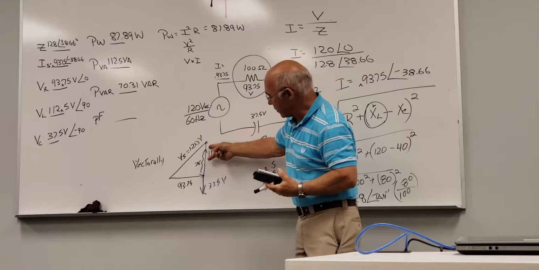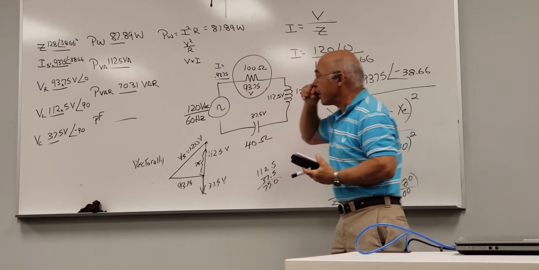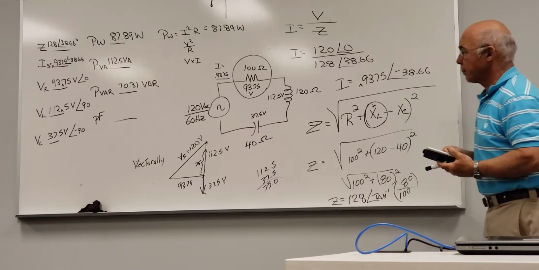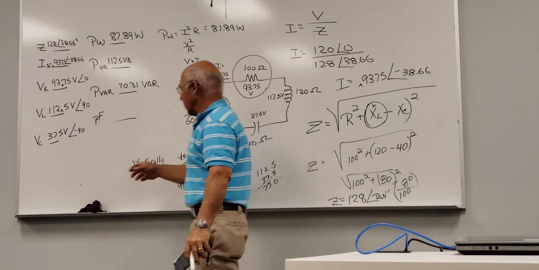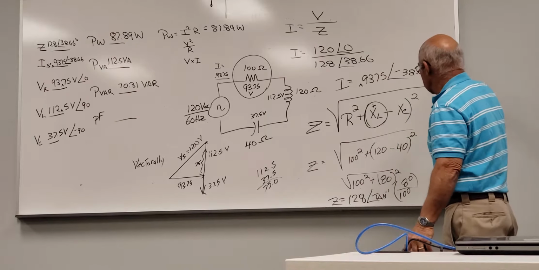That was the difference in the voltage, 75 volts between these two components, times the current through the components. Now, from that, if you would like, you can construct a power triangle.